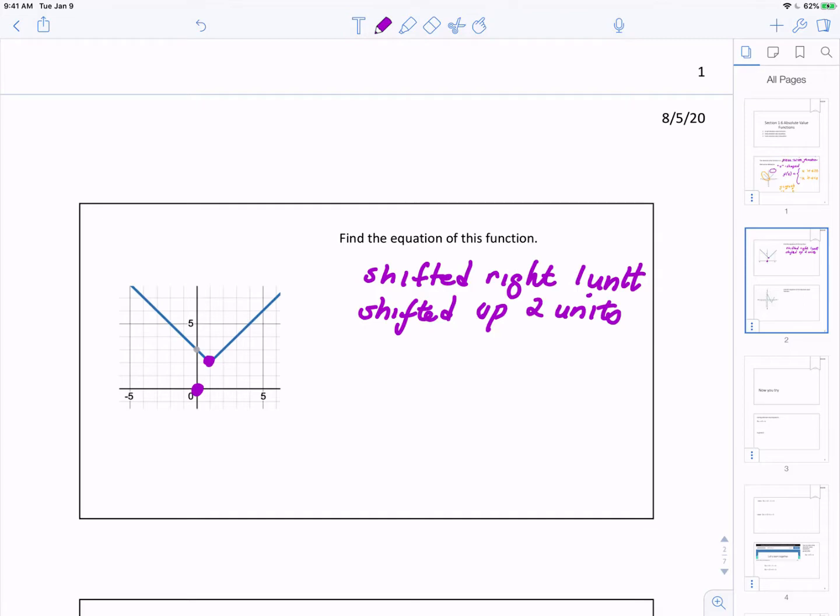Now remember, we looked at transformations of functions in section 1.5. So for this function, in order to shift it right 1 unit, we would take away 1 inside from our input, and then to shift it up 2 units, we would add 2.